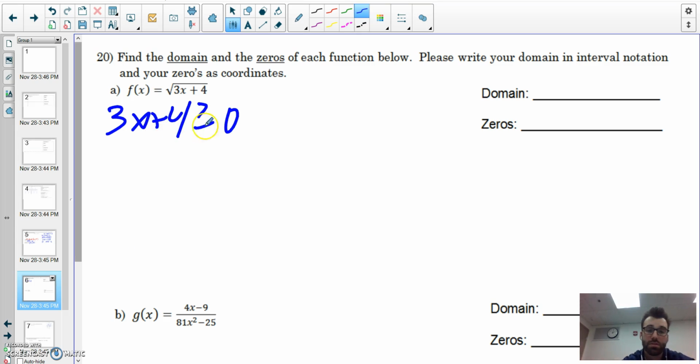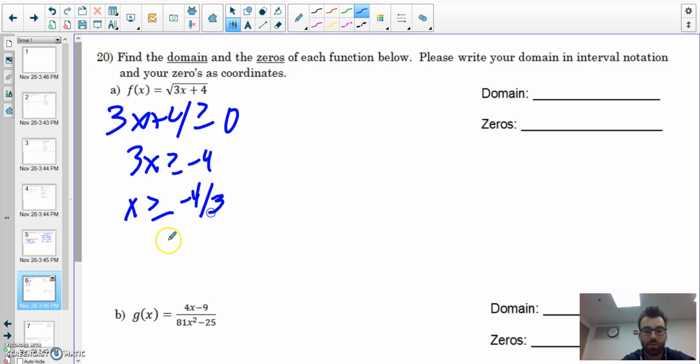Okay, so we're going to set whatever is underneath the square root greater than or equal to 0 to make sure that it is positive. So I'm going to subtract 4 and divide by 3. X must be greater than or equal to -4 over 3. So my domain goes from -4 over 3 to infinity.